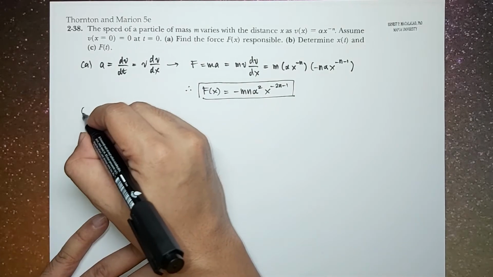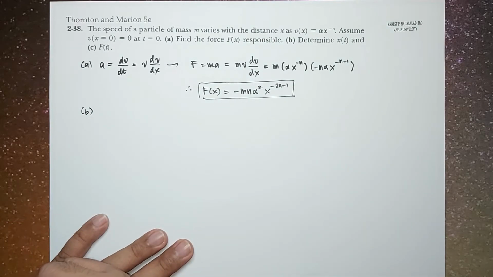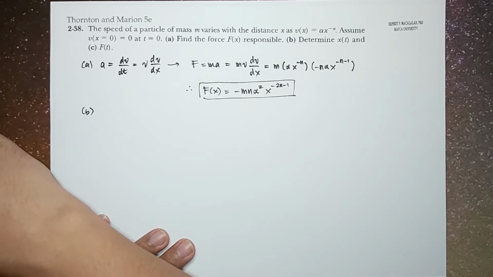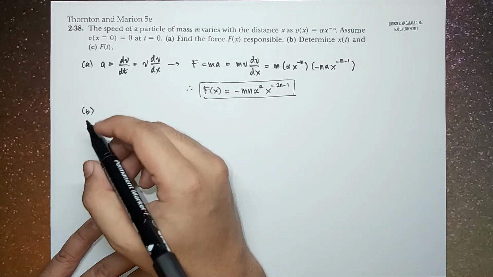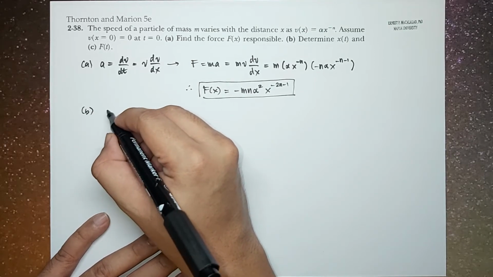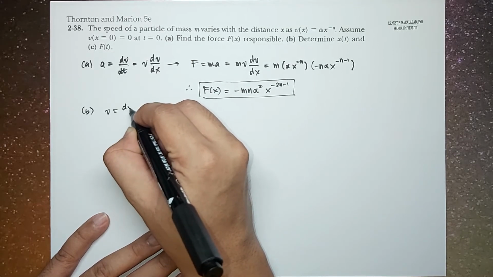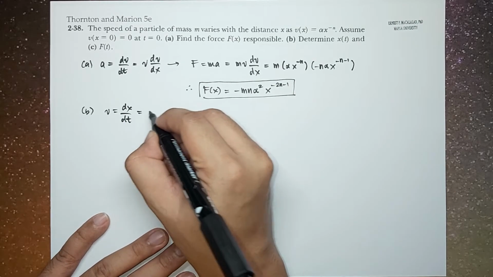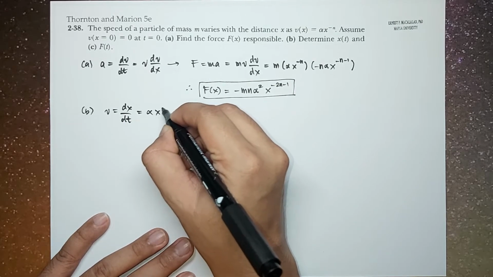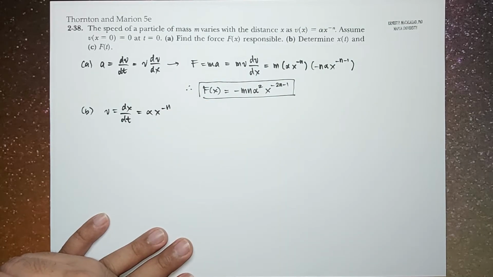Now, on the other hand, letter b, we can determine the position as a function of time by solving this differential equation: v, which is the derivative of x with respect to time, is equal to alpha x to the negative n.